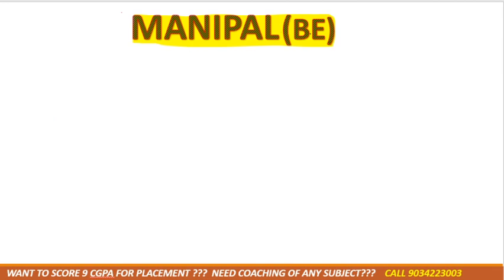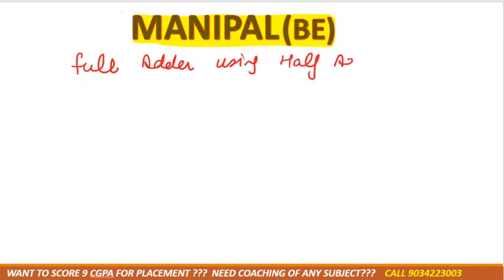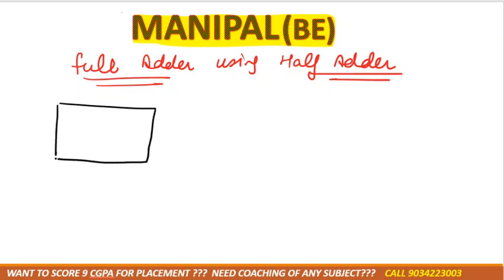Now next what they'll ask you from the adder question is that you have to draw a full adder using half adders. Suppose you have half adders in your hand. Now you need to get the output of the full adder. So how will you do it? You need two half adders to draw the full adder.